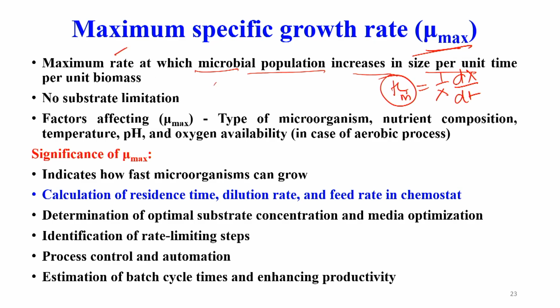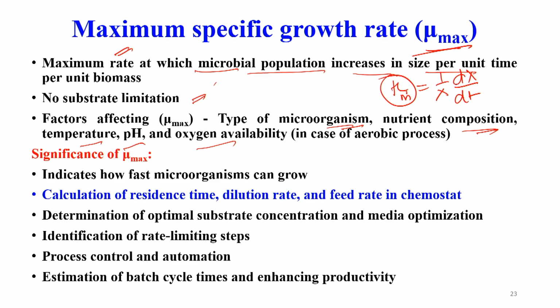So, we are having the maximum rate. We are not assuming any substrate inhibition. If you assume inhibition, we have to take care of that rate of inhibition part as well. The factors which affect mu max are type of microbe, media, environmental conditions, temperature, pH, and oxygen availability.